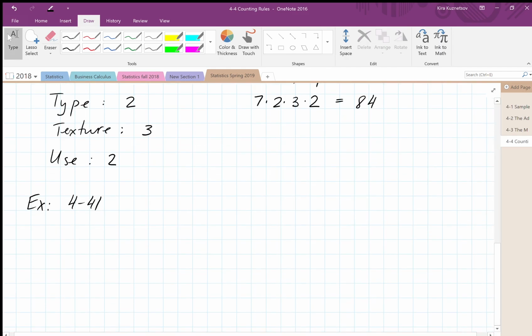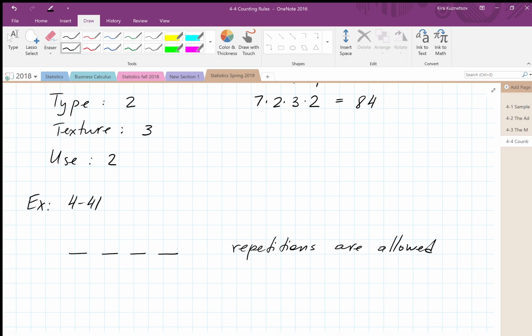I'm not going to draw a little train, but then you have 4 digits that follow. I'm going to stress the fact that repetitions are allowed, and we are assuming that numbers like 0000 are also possible license plates.